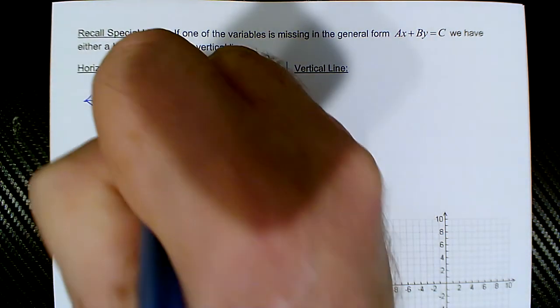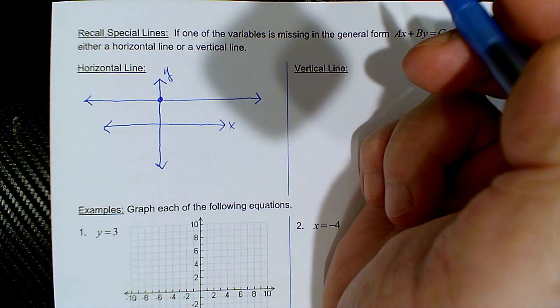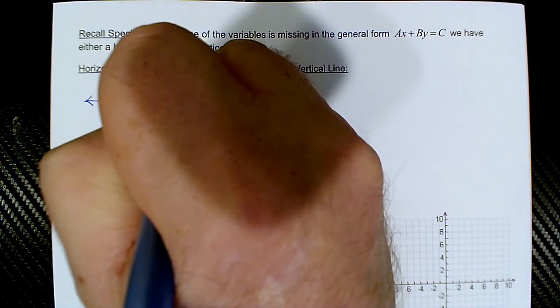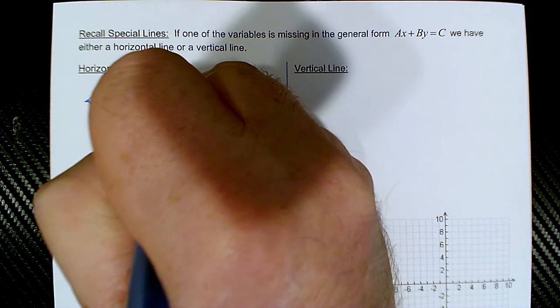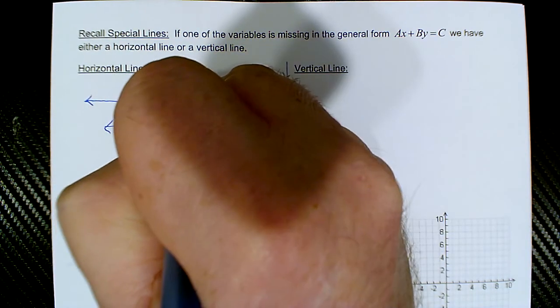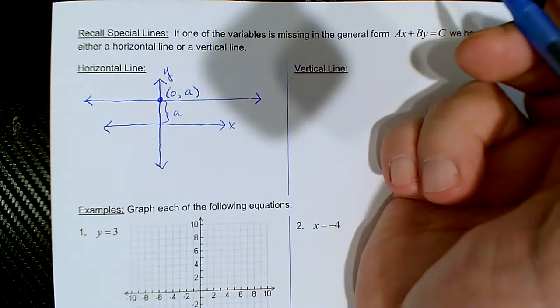And here's an interesting point, the point where it intercepts the y-axis. And the coordinates would be 0 and whatever this distance is. I'm going to call it in general A units. And just think about it like the number 3, okay?